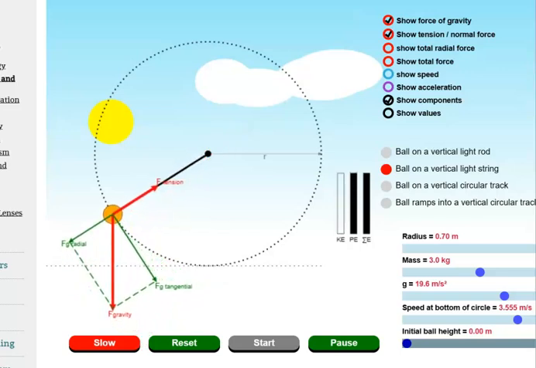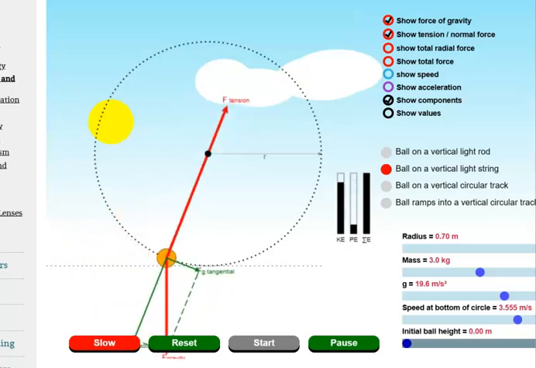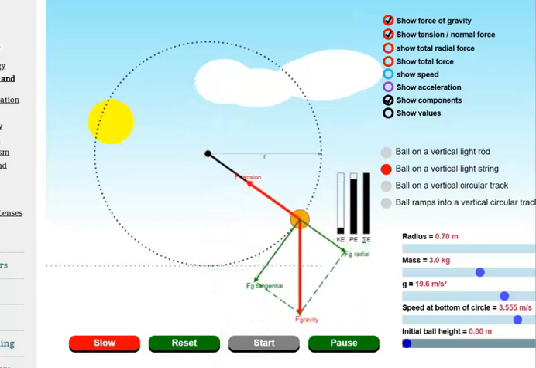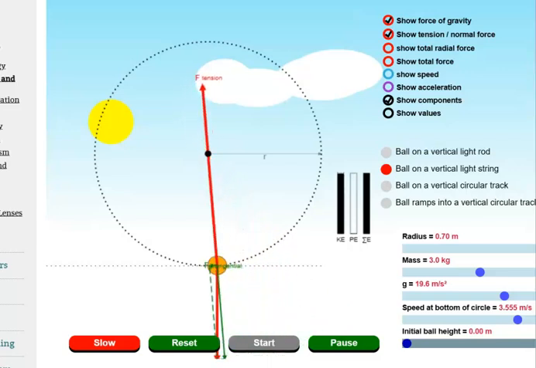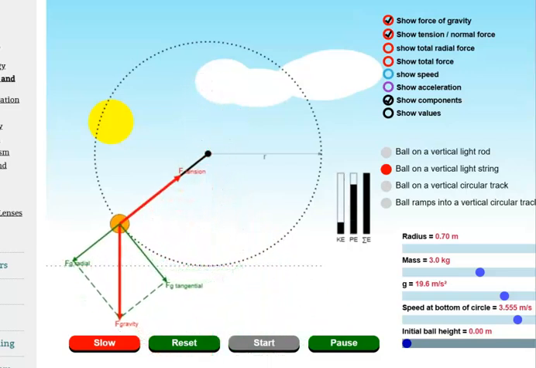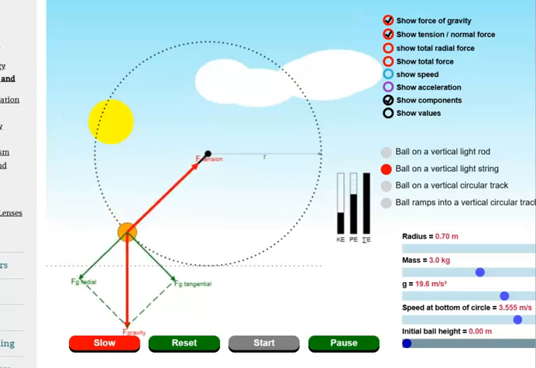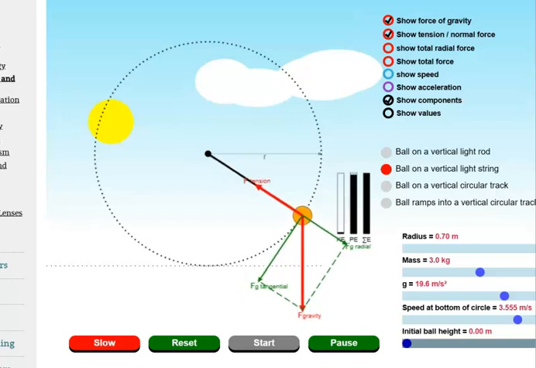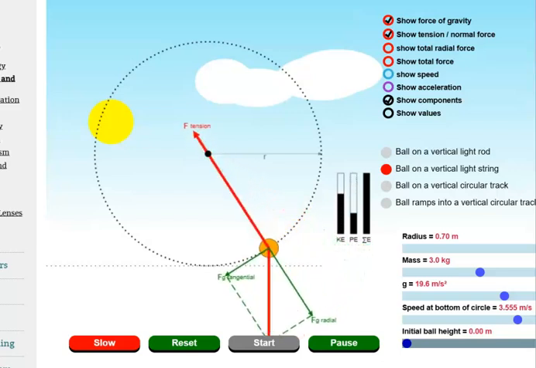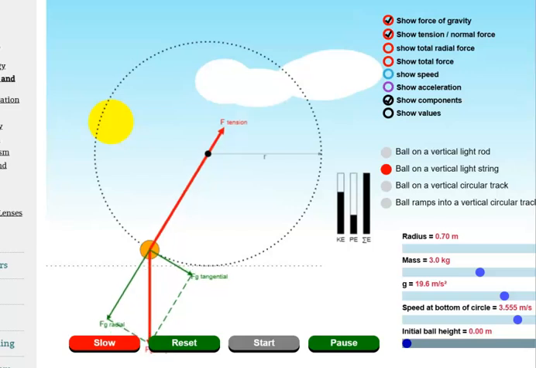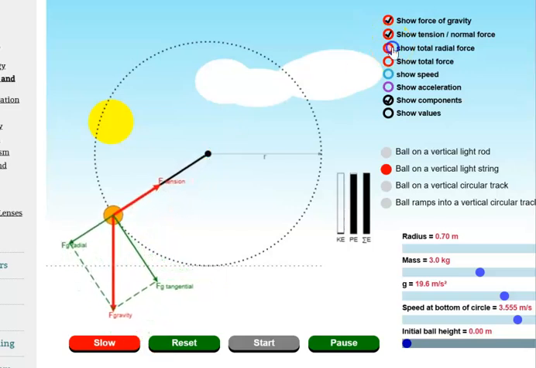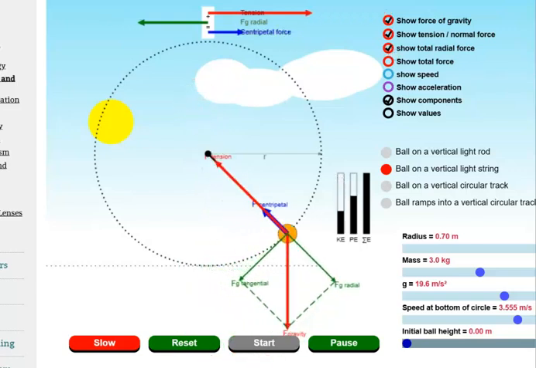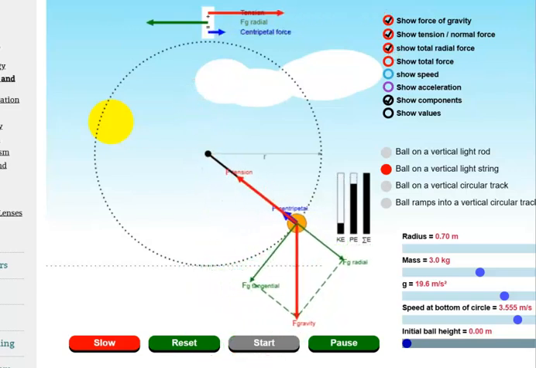The F radial is the component of the gravity that is acting in the direction of the center, and that, together with the tension on the string, is what's going to create the centripetal force. The blue arrow there is the total centripetal force.